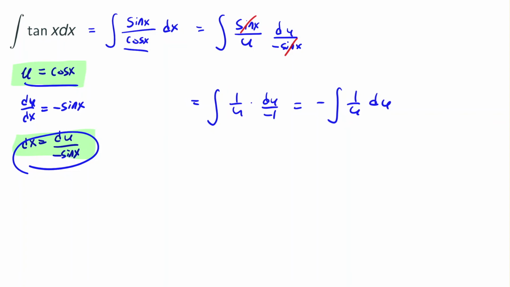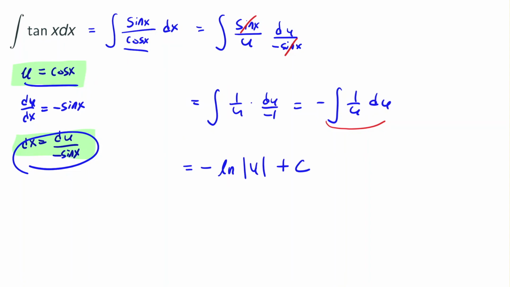And we know that the antiderivative of 1 over u is natural log. So we have negative natural log of absolute value of u, indefinite integral, so don't forget plus c.